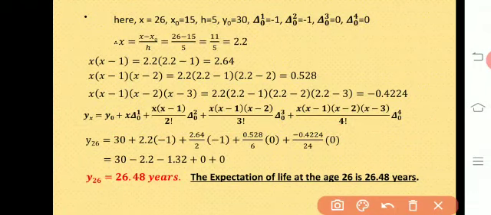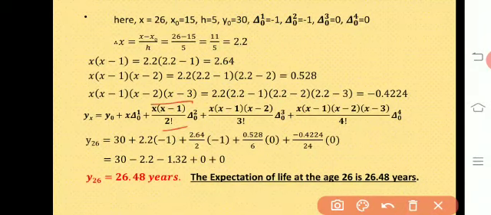Then put the values. You will get y26, the expectation of life at age 26, is equal to y0, which is 30, plus x into delta 0 raised to 1. X is 2.2, and delta 0 raised to 1 is minus 1. Plus x into x minus 1 upon 2 factorial.